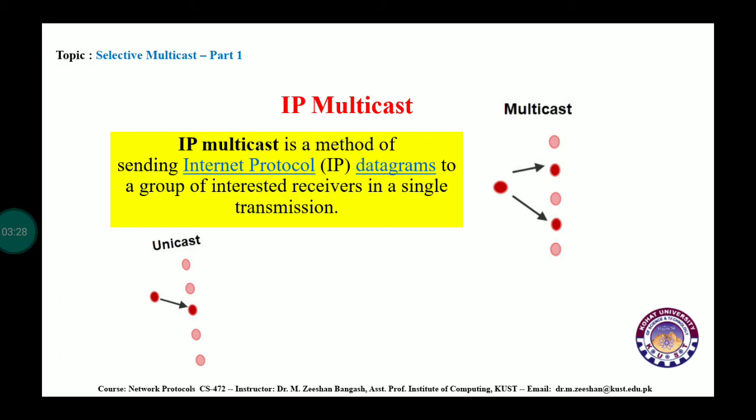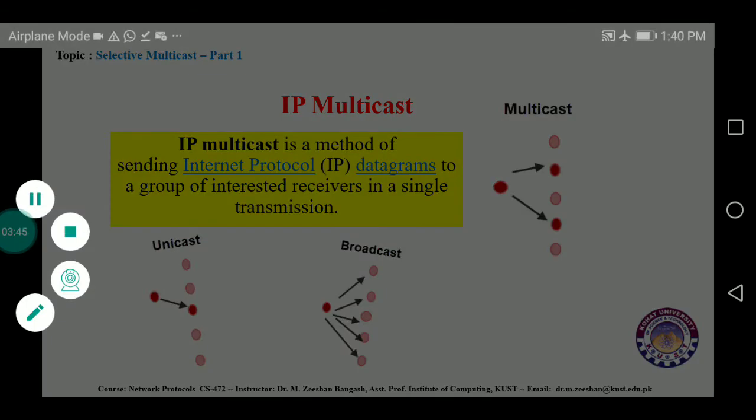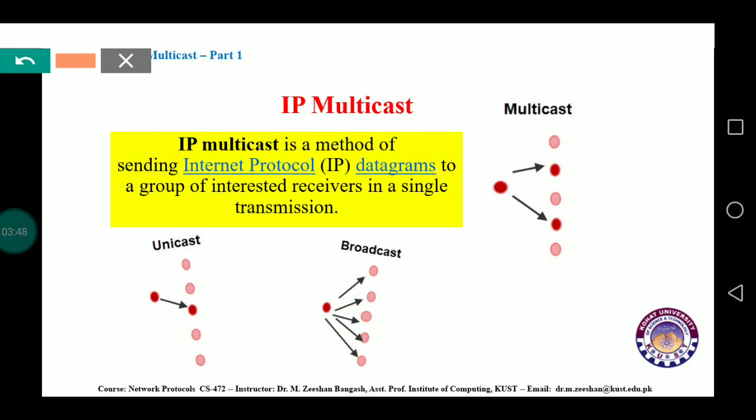However, in case of a broadcast transmission, the transmission is sent to all the available receivers. So you can check in the diagram that the information is transmitted to all the receivers that exist, and this is a sort of broadcast transmission.